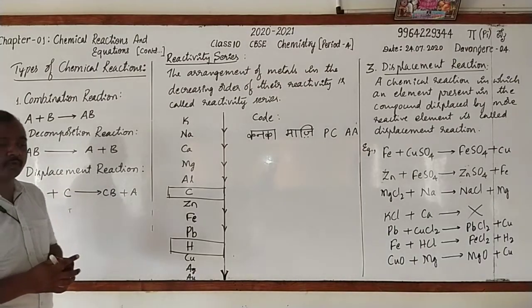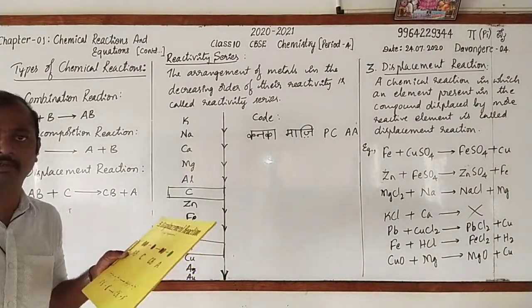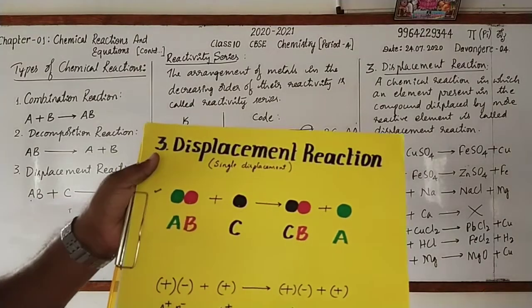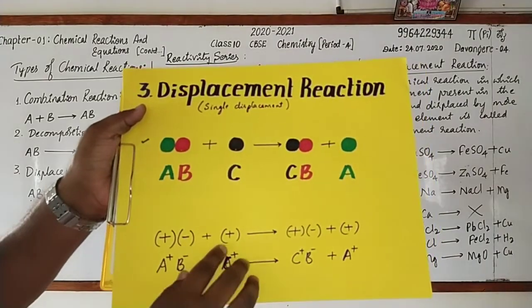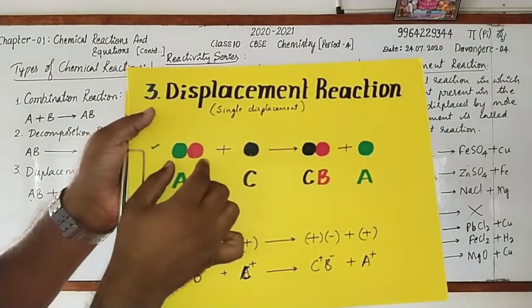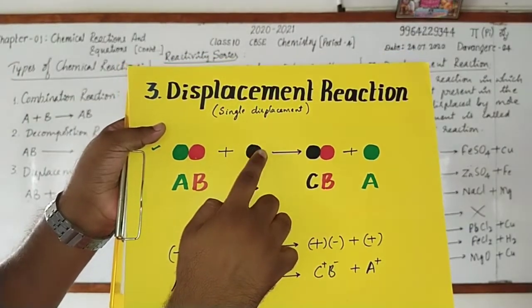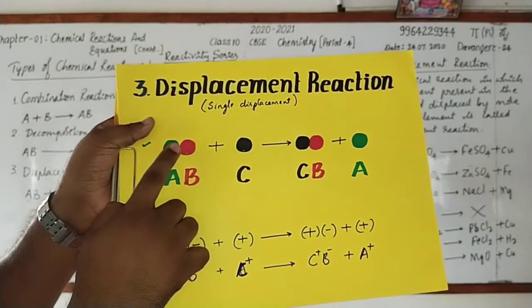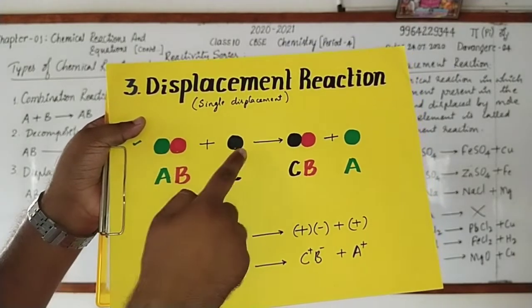Now let me show you the chart with respect to displacement reaction. Observe this chart. Displacement reaction is also called single displacement reaction. Here we have a compound, here is an element. If an element is more reactive than an element present in the compound, it can displace it easily.